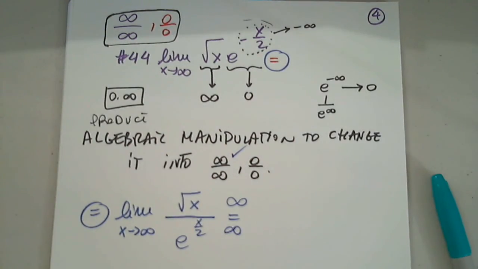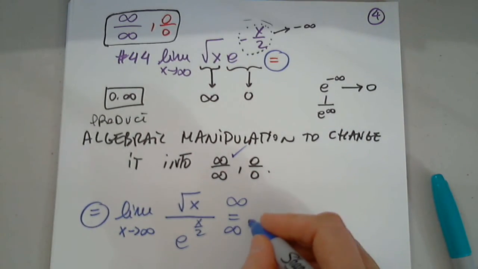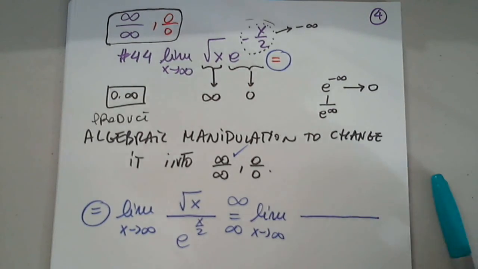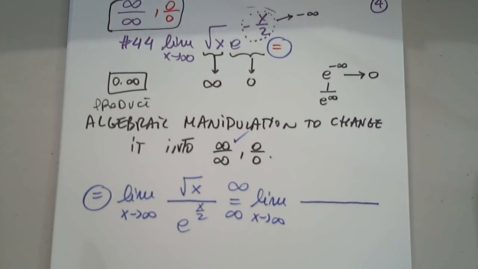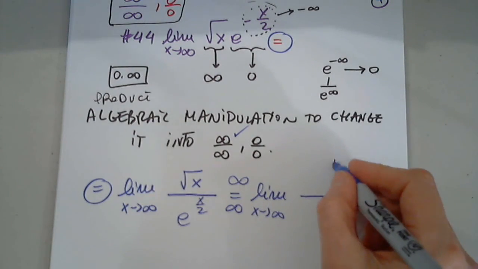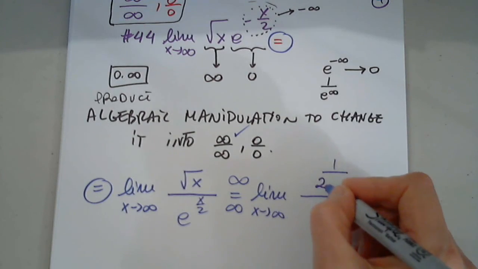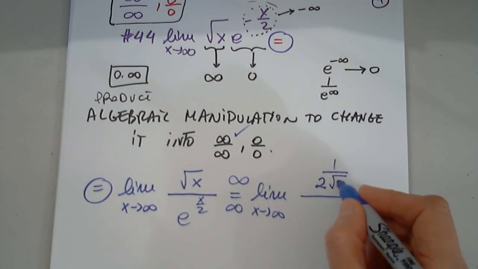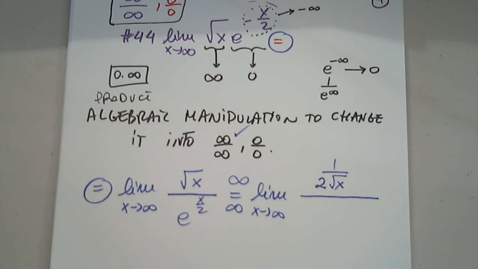I use L'Hopital's rule. The numerator goes to infinity, the denominator goes to infinity, so then limit as x approaches infinity. I differentiate the top, who will tell us the derivative of the top and the derivative of the denominator. The top is going to be 1 over negative 2x. Careful. Negative 1 over negative 2 square root of x. Yeah, it's positive.